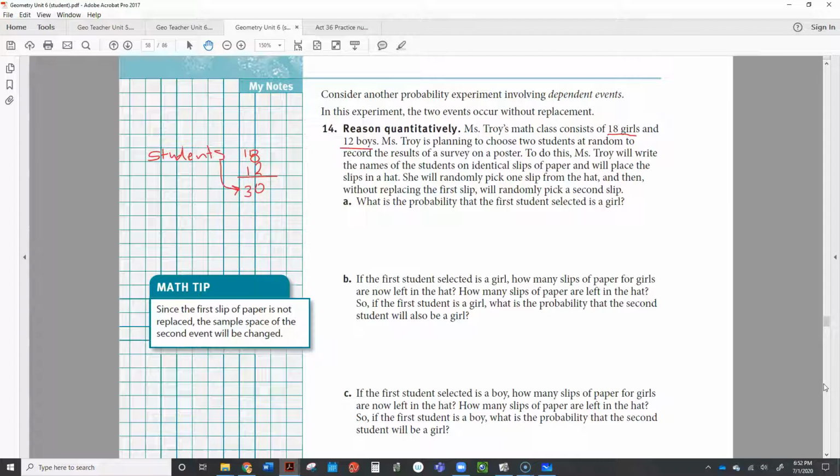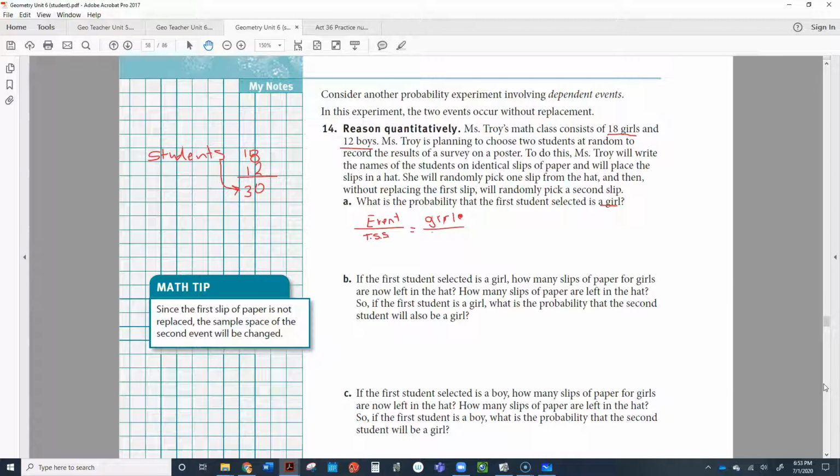The reason that I wanted to know that is because in order to find the probability, we need a desired event on top with the total sample space on bottom. The event that we want is girl. So we want to find the probability of picking a girl.